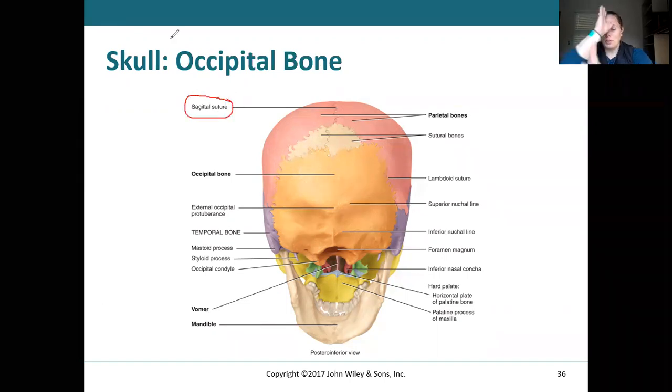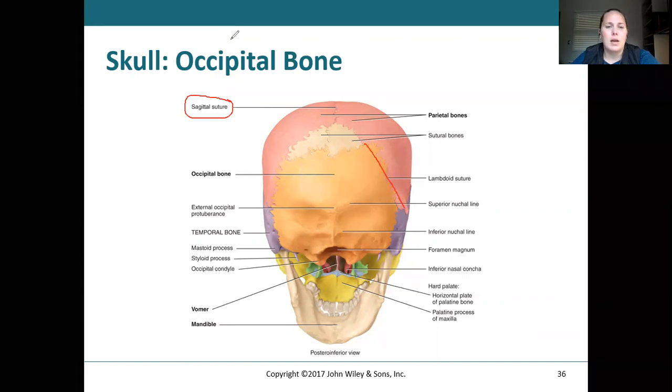If you remember the sagittal plane down the center, the mid-sagittal plane, your sagittal suture is going to be down the center of your head, and it is going to bring together the 2 different parietal bones that are coming together on each side of your skull. You can see here, we also have your lambdoid suture. Your lambdoid suture is going to bring together the occipital and parietal bones that you can see there.